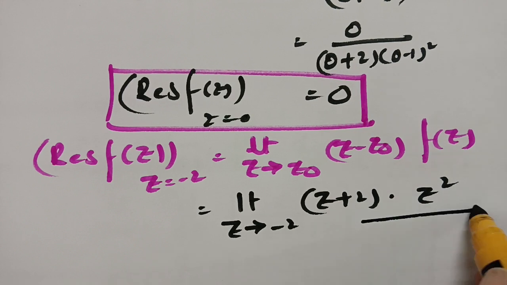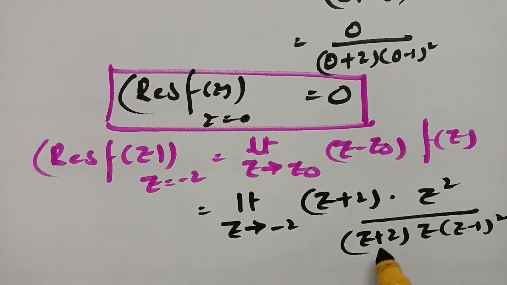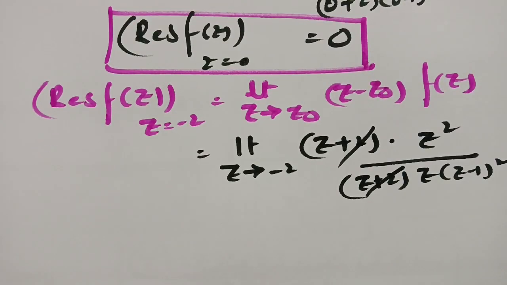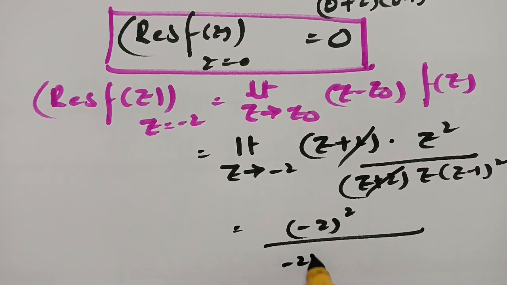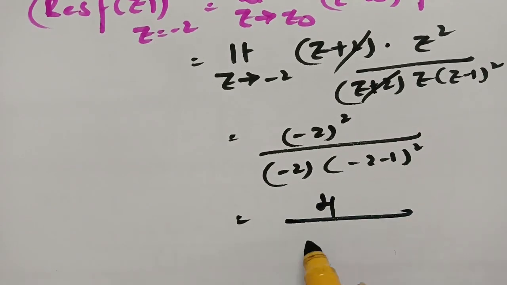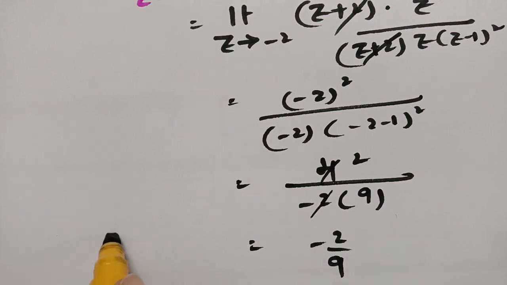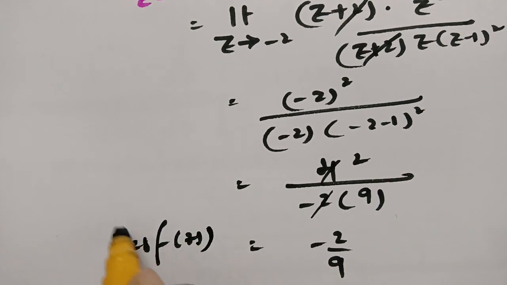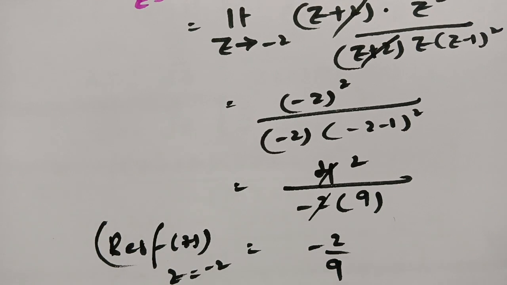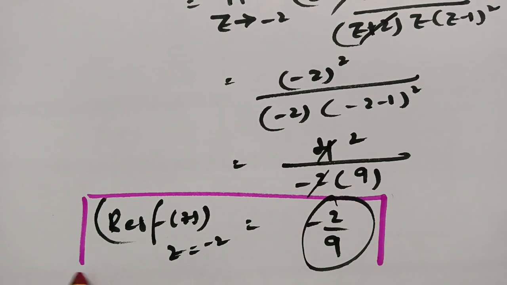F of z is nothing but z square by z plus 2 into z minus 1 square. Z plus 2 got cancelled, and if I substitute z value as minus 2, we get minus 2 square by minus 2 minus 1 square. So the value here will be 4 by minus 2 into 9. So if I cancel 2 times, this is minus 2 by 9. So the residue value of f of z at point z is equal to minus 2 is minus 2 by 9. So this is the residue value.